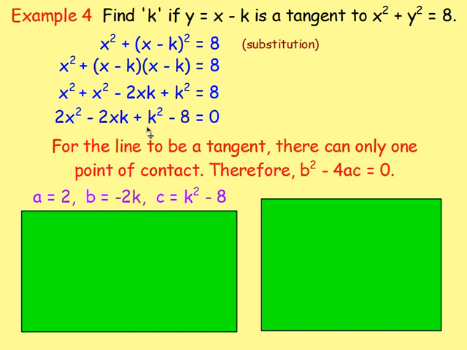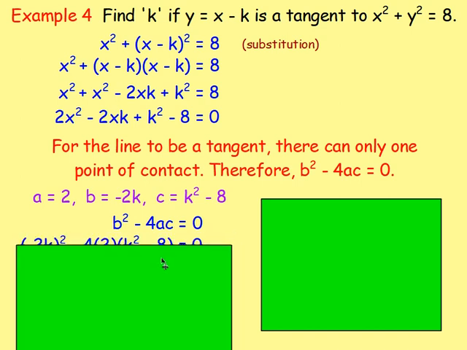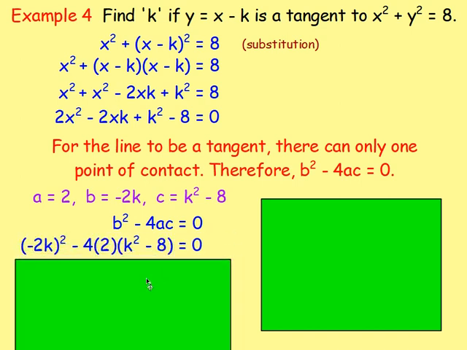And the value of c, the term without an x or an x squared, is k squared minus 8. So that is the value of c. You know b squared minus 4ac equals 0 because the line is a tangent. So sub in a, b, and c. And you've got negative 2k all squared minus 4 times 2 times k squared minus 8 equals 0.